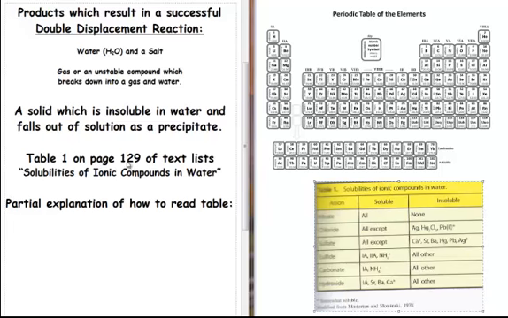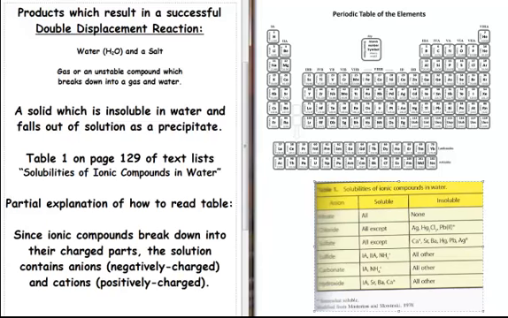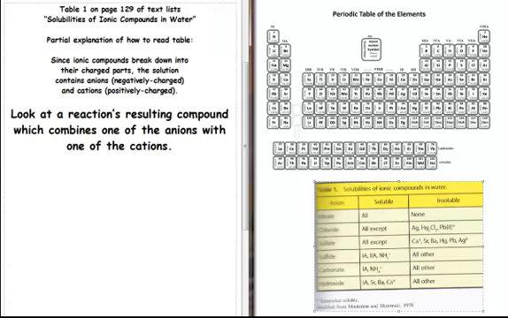Since ionic compounds break down into their charged parts, this solution, remember, contains anions, the negatively charged parts, and cations, the positively charged parts. This table looks at a product by breaking it down into its potential anions and whether or not they combine with particular cations to be soluble or insoluble.